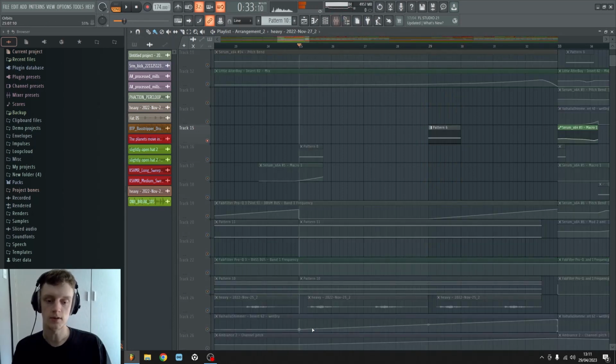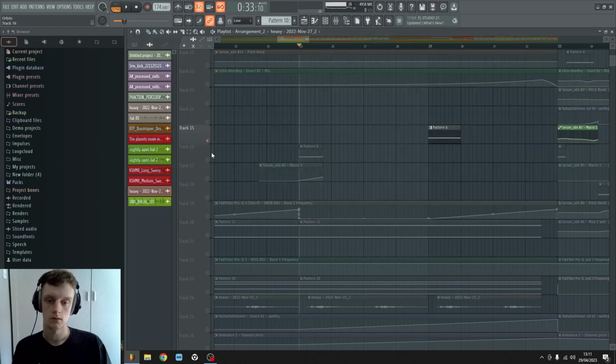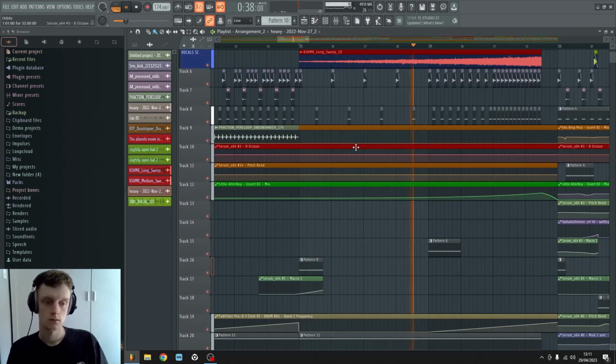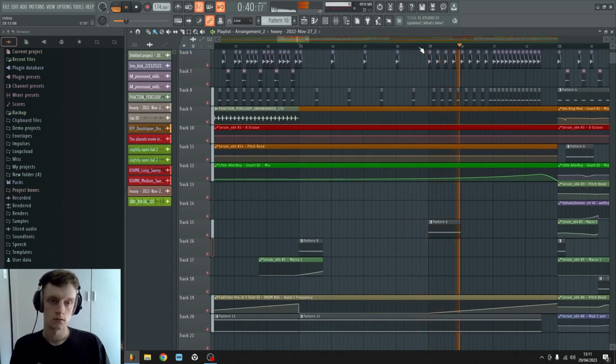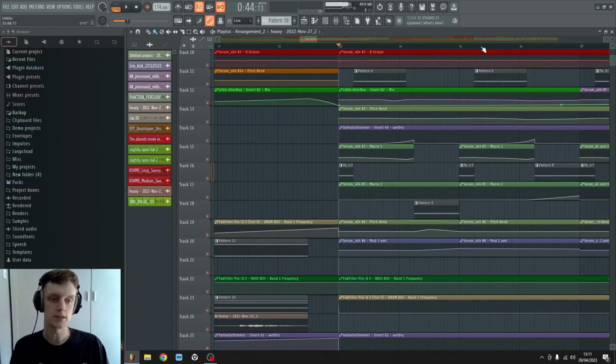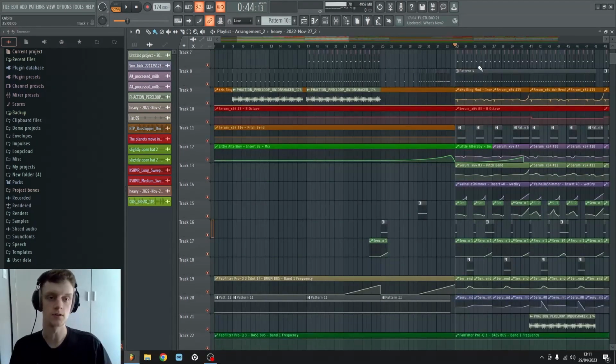If we mute everything but the bass, it's easier to hear. So that is just the main basses with a bit more reverb on them than they should have.